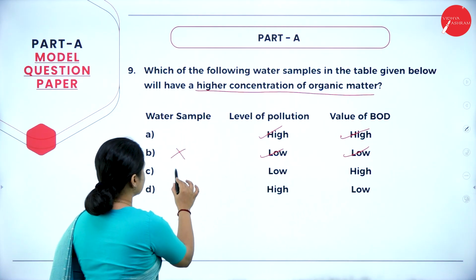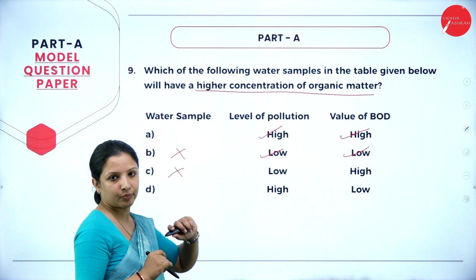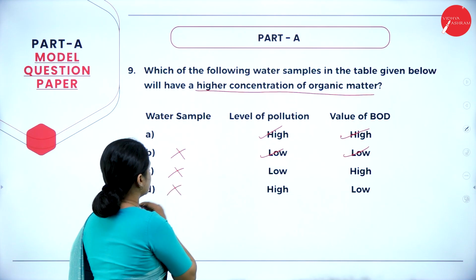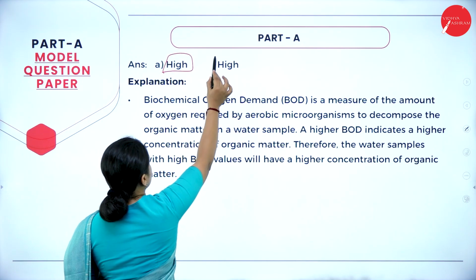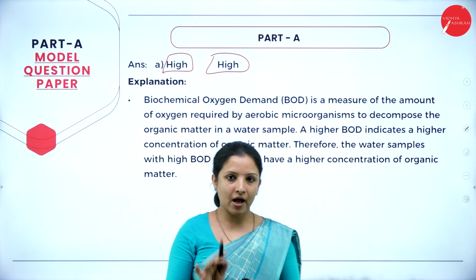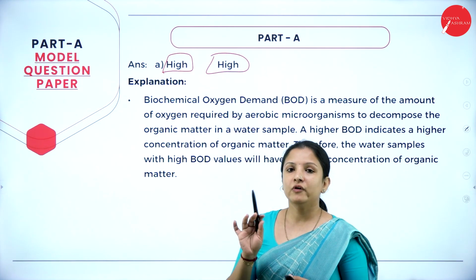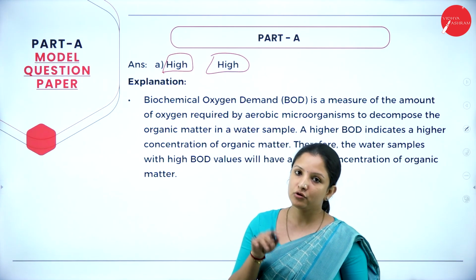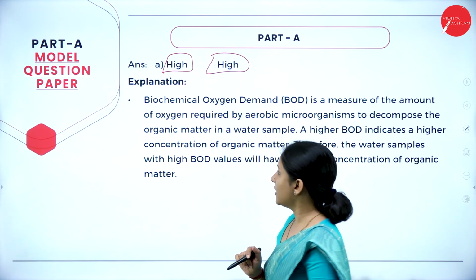So not this sample either. Next, if the pollution is high, the value of BOD will not be low, so not this option. The correct answer is A, high and high. If pollution is high, then BOD is also high. Therefore, organic matter in water sample A will be more because the pollution is high and therefore the biological oxygen demand is also high there.